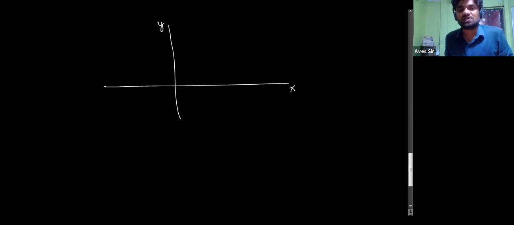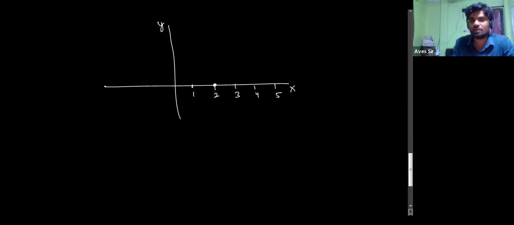Let's say this one is 1, this one is 2, this one is 3, this one is 4, and this one is 5. Let this point lie exactly here. What would be the coordinate of this point? (2, 0) or (0, 2)? (2, 0). Okay.